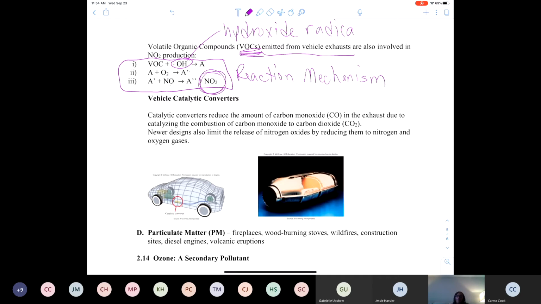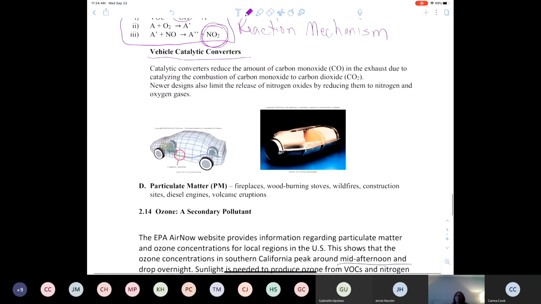So one thing that has helped to reduce the amount of nitrogen dioxide that's formed in the hot engines of a car and then goes out of the tailpipe and pollutes the air, producing smog, are catalytic converters. Catalytic converters reduce the amount of carbon monoxide and the amount of nitrogen dioxide that is released into the atmosphere through automobile exhaust.